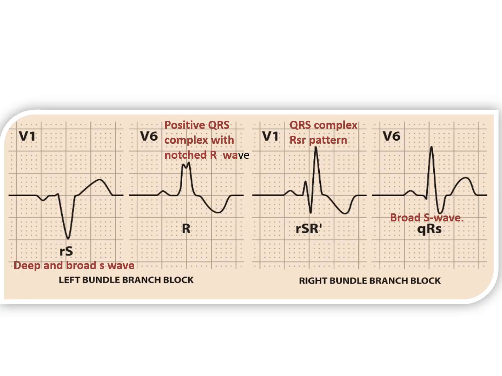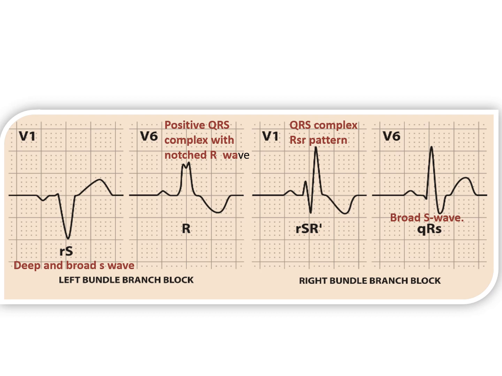This is the ECG representation of left bundle branch block and right bundle branch block. We can usually appreciate bundle branch block in leads V1 and V6. When we are seeing left bundle branch block, we are looking at lead V1 and we can see there is a deep and broad S wave.